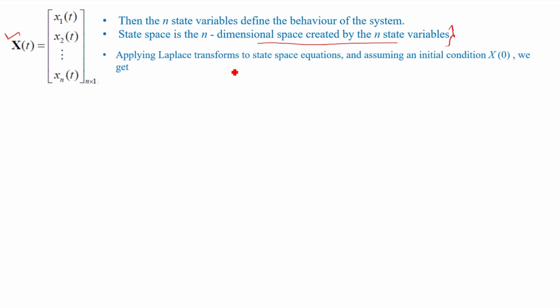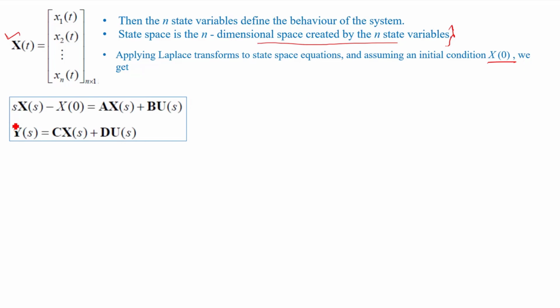Applying Laplace transforms to the state space equations and assuming an initial condition x0, we can get these two equations. The first equation becomes sX(s) minus x0, the initial condition, equal to AX(s) plus BU(s).